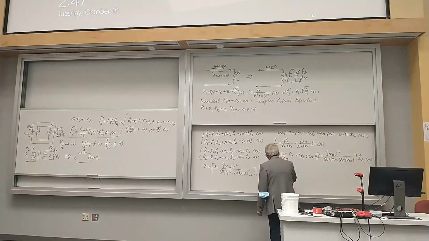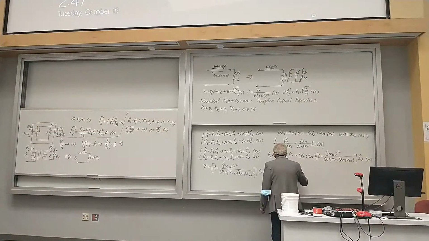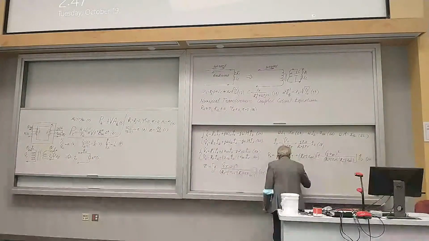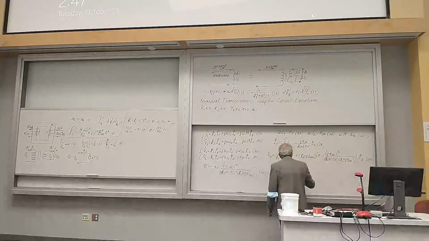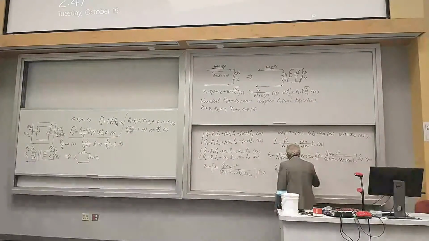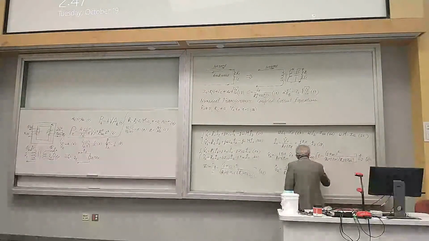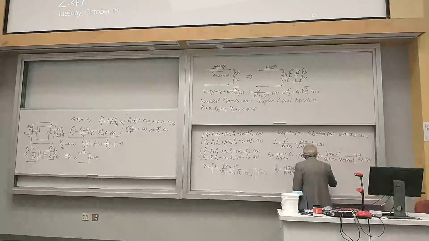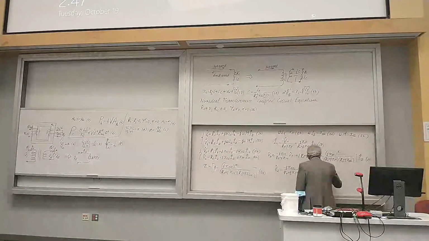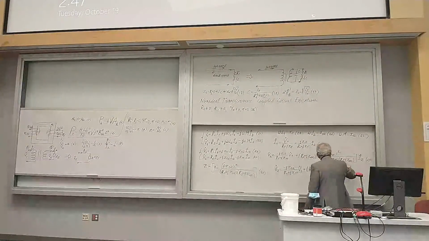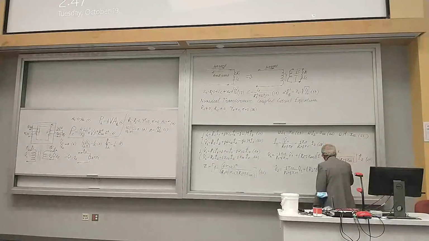So V sub 2 will be equal to this first term plus this second term, where instead of the expression in the bracket, I use D I sub 2.